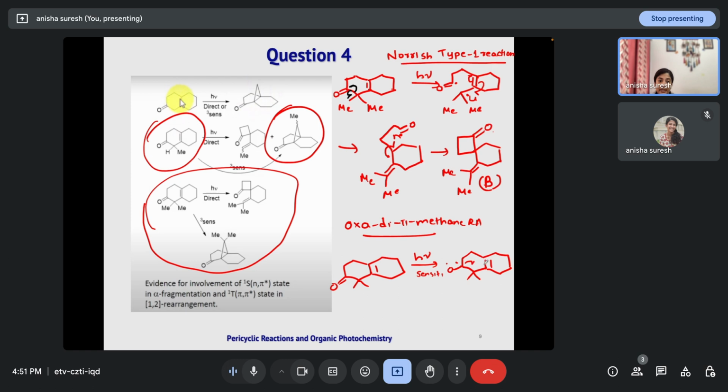Then this carbon radical will react with the alkene, resulting in the formation of a cyclopropane ring.